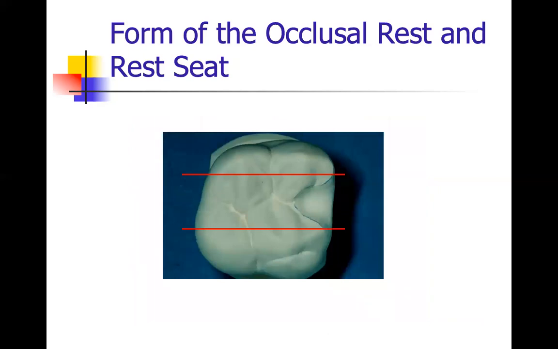It should be as long as it is wide, and the base of the triangular shape at the marginal ridge should be at least 2.5 millimeter for both molars and premolars.